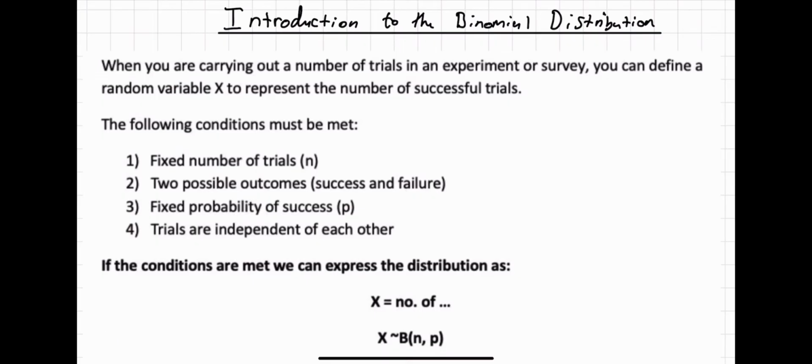That is all the theory behind the n choose r button on your calculator. This leads on nicely to the introduction to the binomial distribution. When you are carrying out a number of trials in an experiment or survey, you can define a random variable x to represent the number of successful trials. We'll look at the coin example in a second to see what I mean.